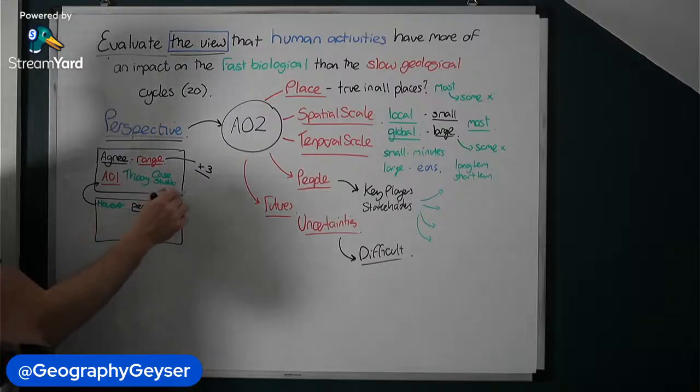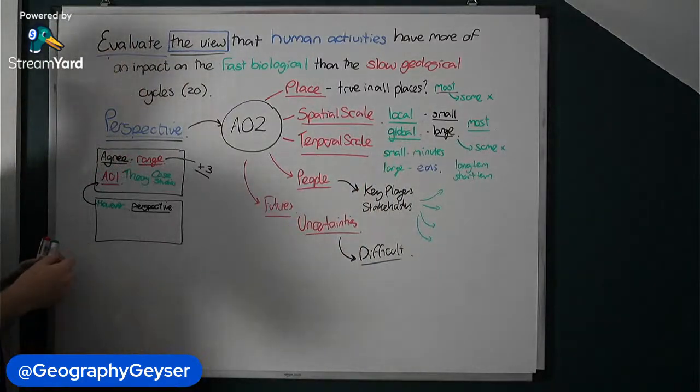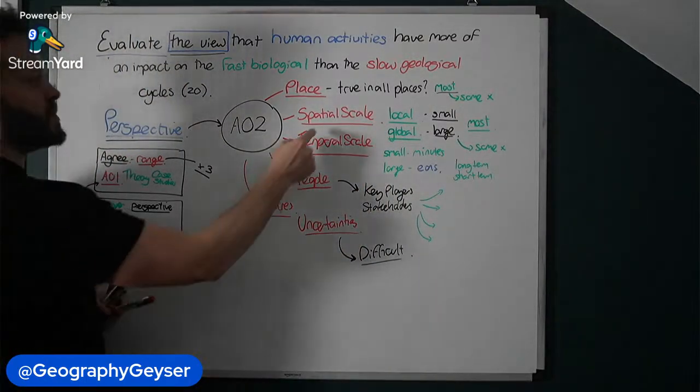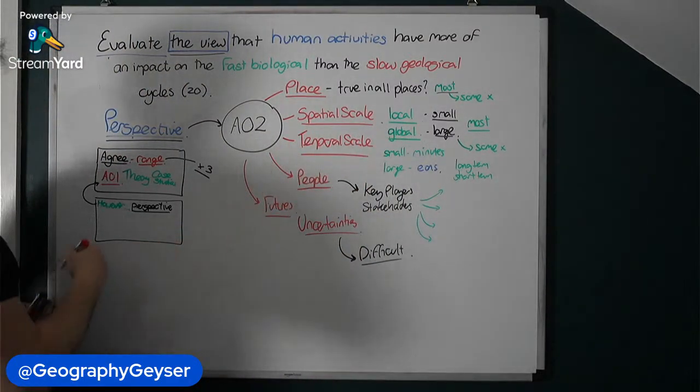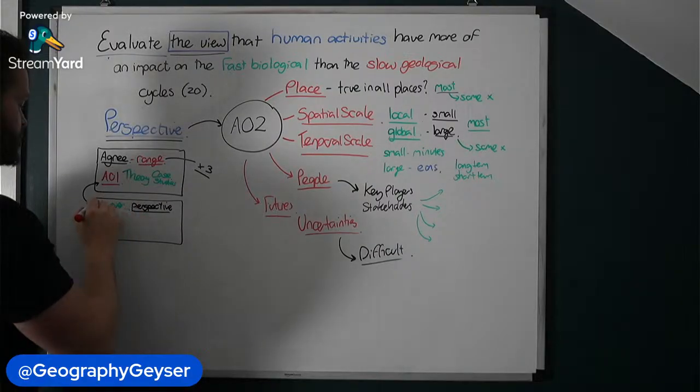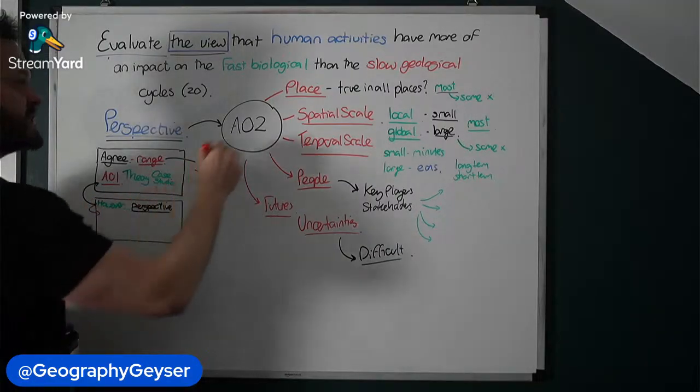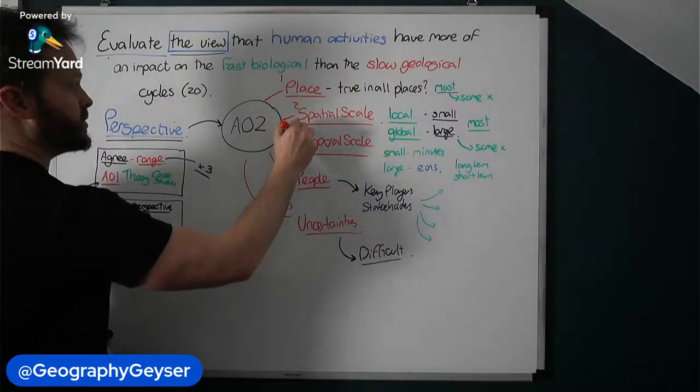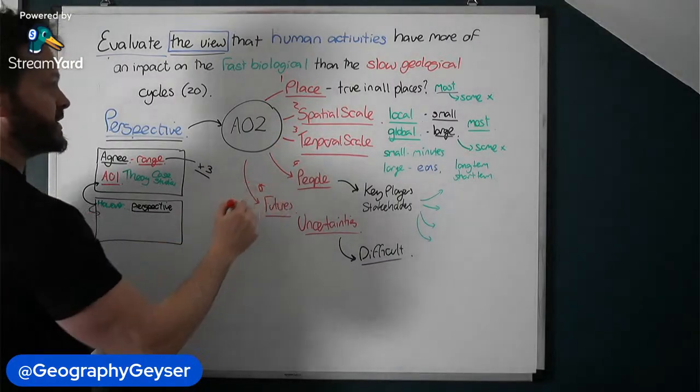So I've spoken about X, Y, and Z. And sure, that's true in most places, or at most spatial scales or temporal scales. What you do is take one of the perspectives, and let's say we label these 1, 2, 3, 4, and 5.